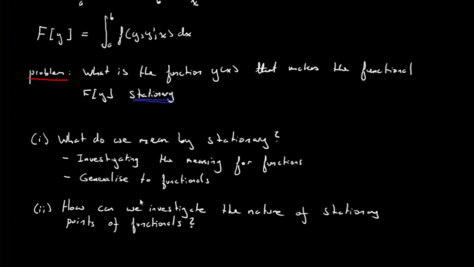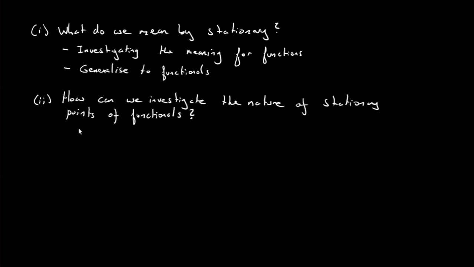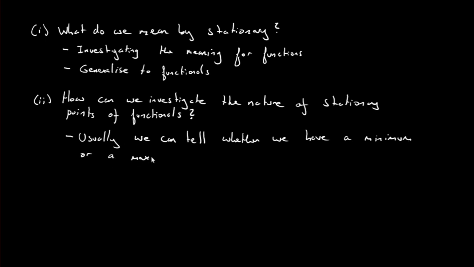However, this second question is kind of beyond the scope of this lecture series, in particular because usually we can tell whether we have a minimum or a maximum on physical grounds.